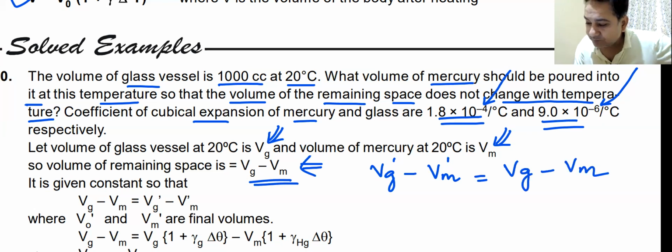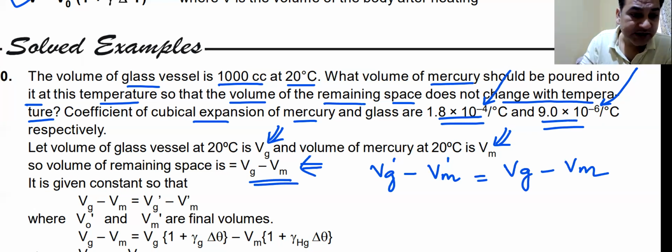Yes or no? Yes, sir. That's it. That solves the question. Now you just put the values of Vg dash and Vm dash and you end up with your answer. It's as simple as that. Can you do it now or shall I do it? Okay, sir. We'll do it.